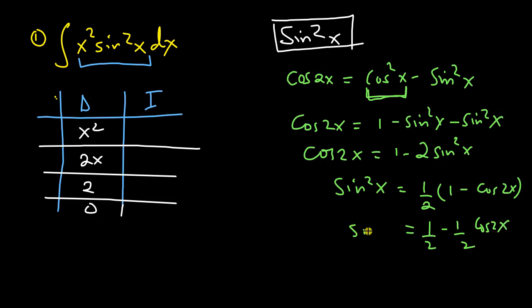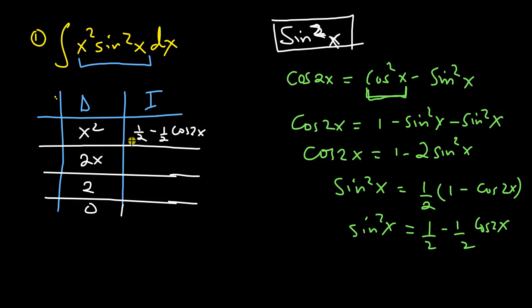Now instead of writing sine squared x in this column, I'll write a half minus a half cos of 2x, because that's easier to integrate. We know how to integrate these terms, but we don't know how to integrate sine squared x when it's like this. So this is much better.